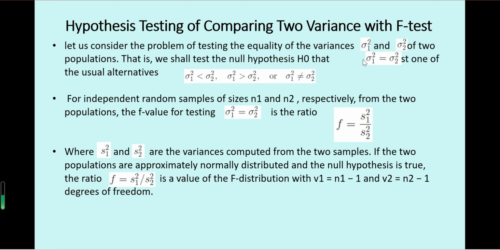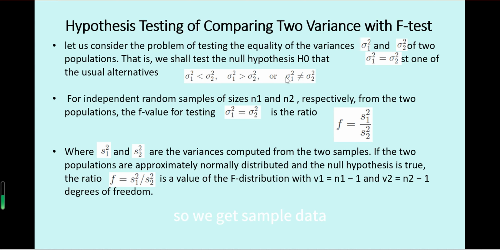We set the null hypothesis H0 that sigma 1 square equals sigma 2 square. For the two-sided alternative hypothesis, H1 is sigma 1 square not equal to sigma 2 square. And for the one-sided test, either sigma 1 square is less than sigma 2 square or sigma 1 square is larger than sigma 2 square, right?